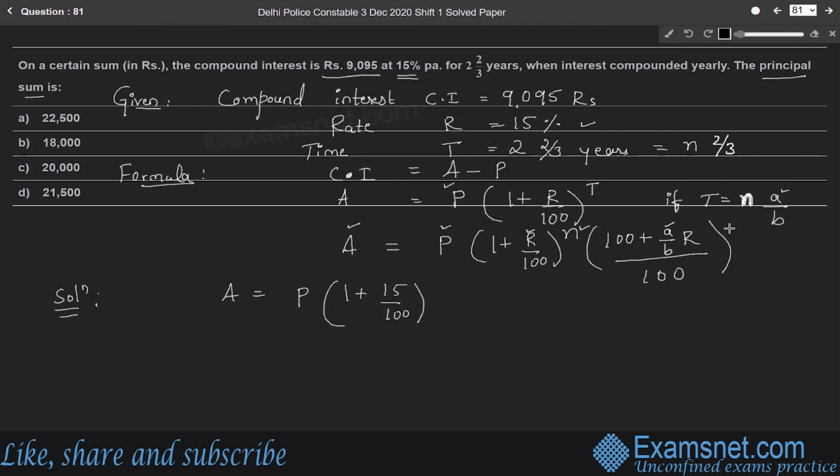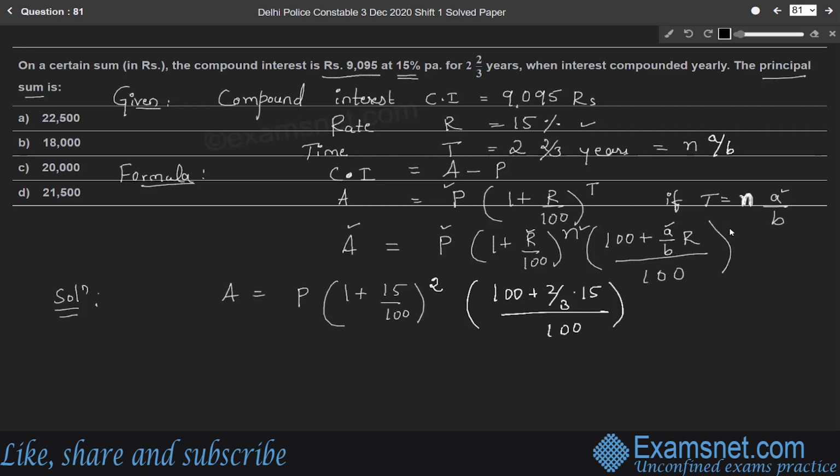Therefore, the formula becomes P into 1 plus 15 by 100 to the power of 2 into 100 plus 2 by 3 into 15, whole divided by 100.